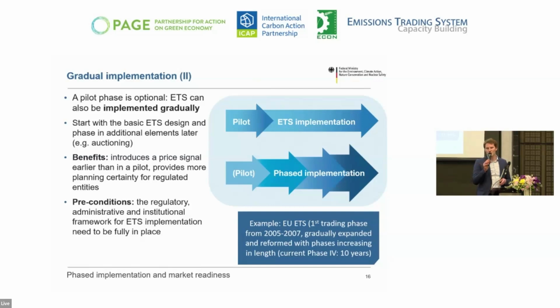So the first one was only 2 years, then it was 4 years. And the current phase, phase 4, is for a period of 10 years. So as the system became more established, also the periods became longer to provide more certainty and opportunity to plan to the regulated entities.